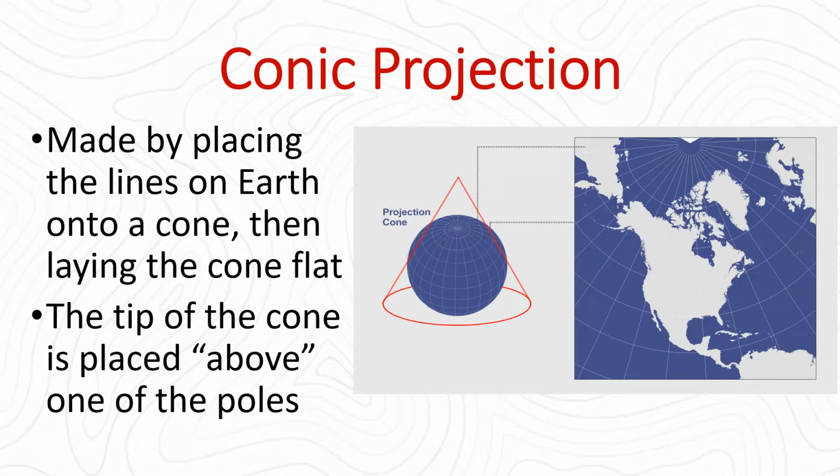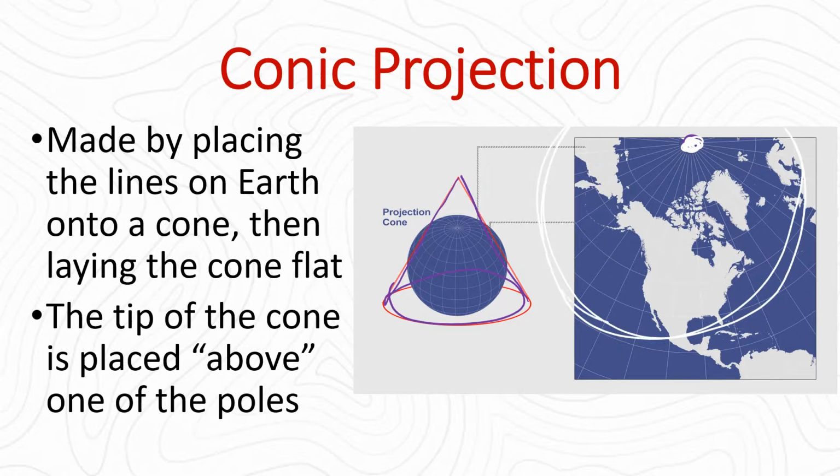The next one is the conic projection. So you're going to actually make a cone and drop it onto the top of the Earth, kind of like one of those birthday hats, and you're going to just drop it on top of the Earth and turn it into a map. So if you see here, this line right here is the top of the cone, and it's going to be rounded this way around the Earth.